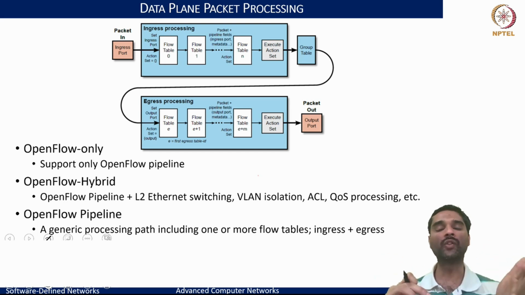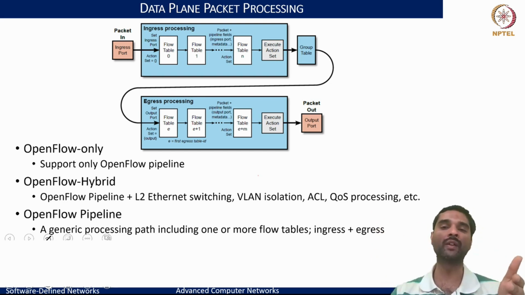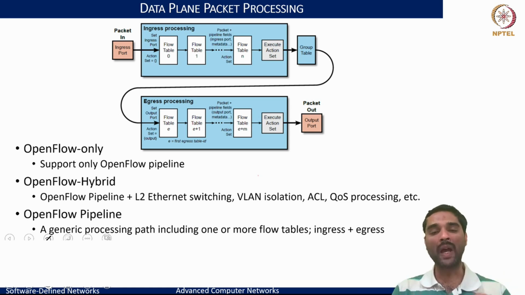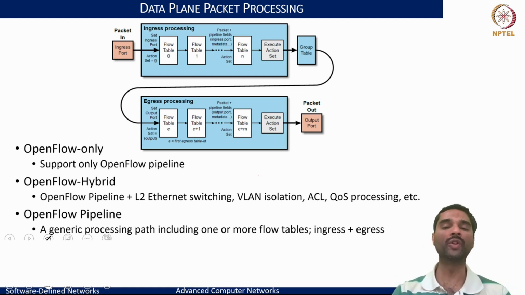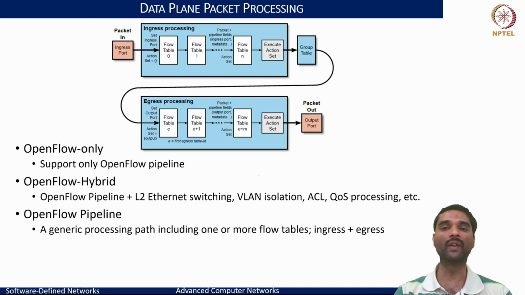And if there is a match, you would want to keep adding what actions you would want to take for that match. And the action itself can be forward to the next table. Like if I have a match on table 0, I would want to send it on to table 1. And if there is a match on table 1, you would want to send it on to flow table n, and likewise, and then execute the set of actions.